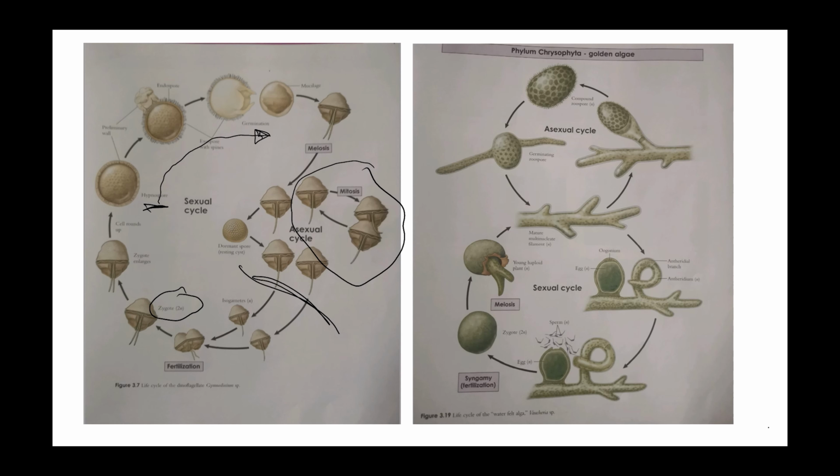so whether they're N or 2N. Okay, here we have something that I think is a little more straightforward, and this right here is the Chrysophyta, or golden algae. So we've got this zoospore, and this zoospore can germinate, and it makes these little filaments, okay?